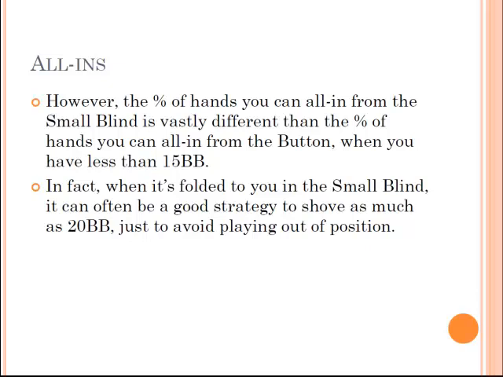So from the small blind, if you go all in pre-flop, the disadvantage you have post-flop of not being in position is avoided, right? Because if you're all in pre-flop, who gets to act last post-flop doesn't matter because all the money already went in. So you can raise a lot more from the small blind if you're all in pre-flop.